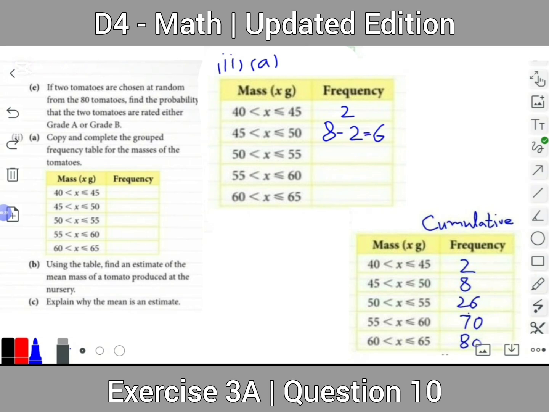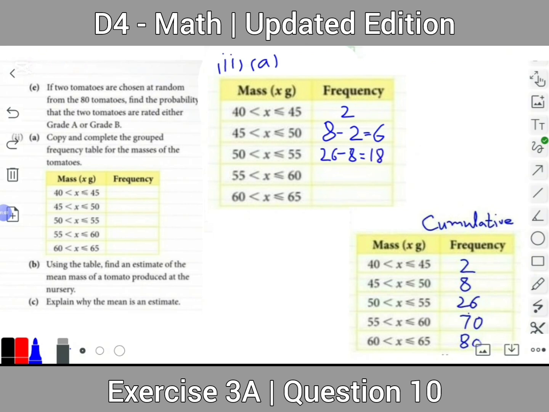Now to find the frequency for the class interval 50 to 55, subtract the cumulative frequency of the previous class interval 45 to 50 from the cumulative frequency of the class interval 50 to 55. So 26 minus 8 will give us the frequency of 18.